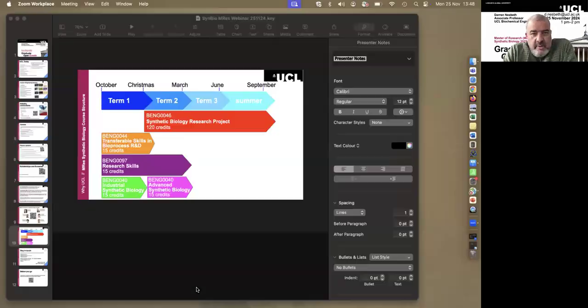Apply well ahead of any deadlines. That's what I would say. In terms of the numbers, it's typically 15, possibly rising to about 20 students, but generally you could expect about 12 to 15 students in the cohort.